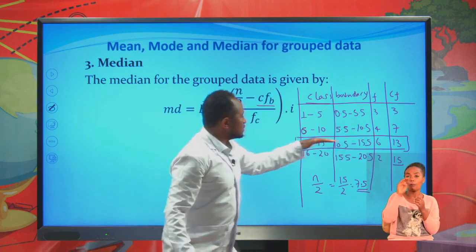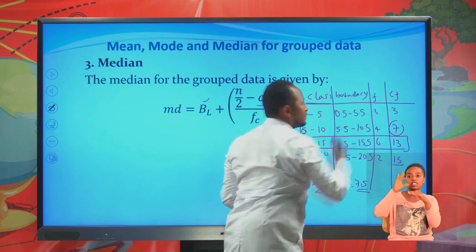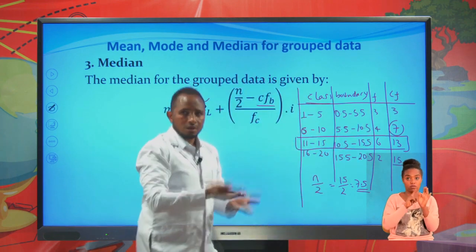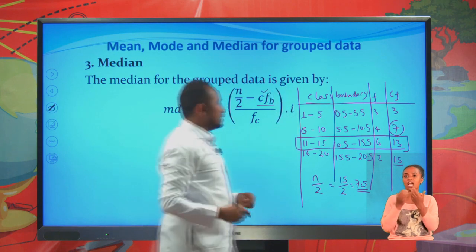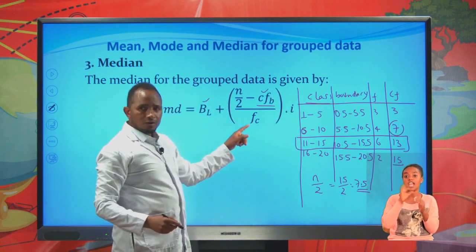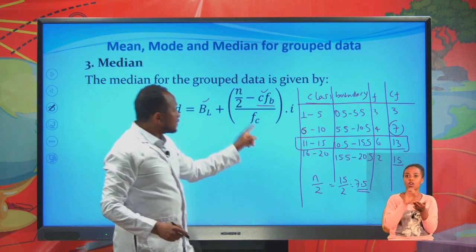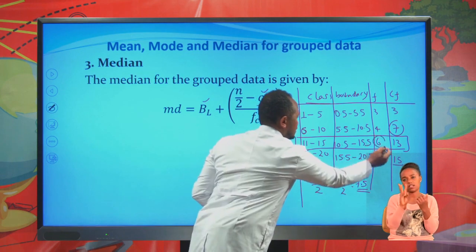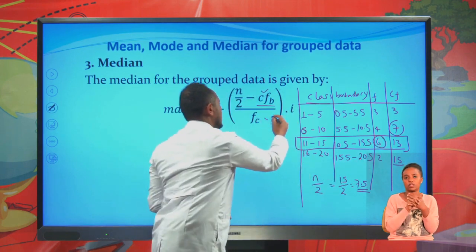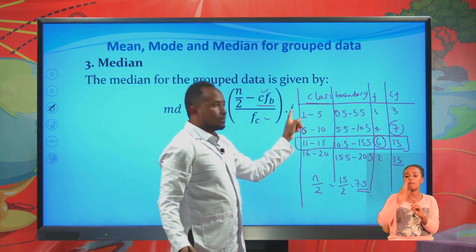The cumulative frequency before this class, it's not the frequency, it's the cumulative frequency, is 7. We put that number here. And this is the frequency of the median class itself, not cumulative, which is 6. You put this number. And I is simply the difference between the upper and lower class boundary.